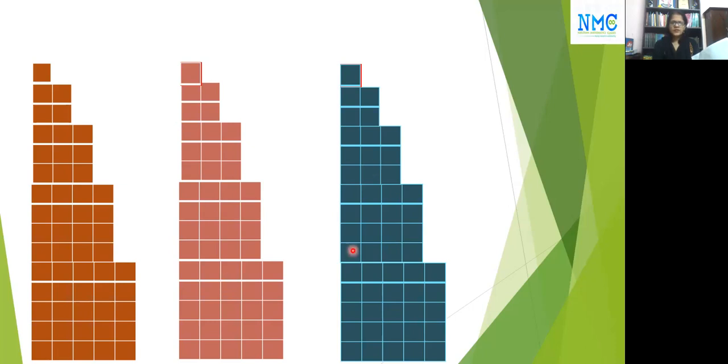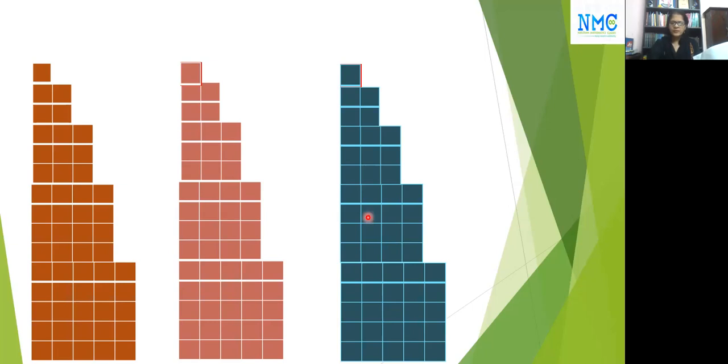So the total number of unit square pieces will be 3 into 55, that is 165. Is it clear? So we cut like this and arrange the 3 sets like this, and we have taken different colors so that we can distinguish. This is one set, this is the second set, this is the third set.